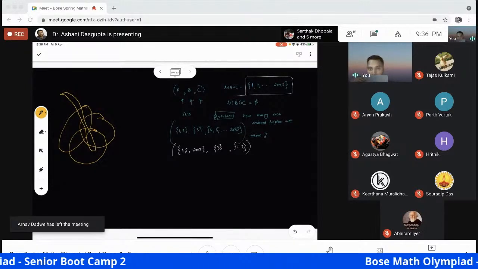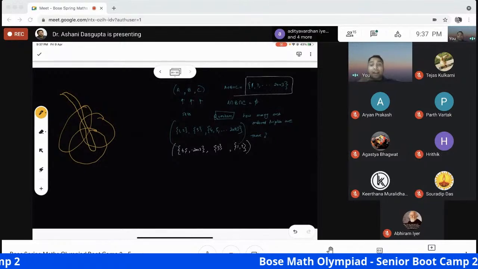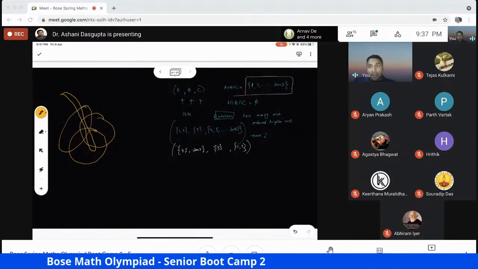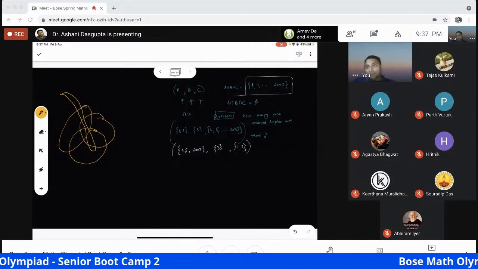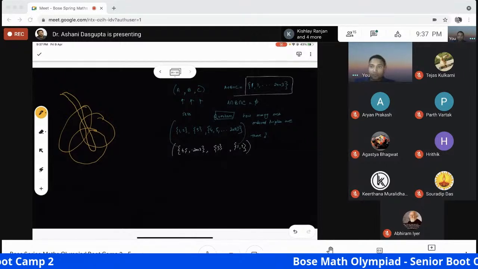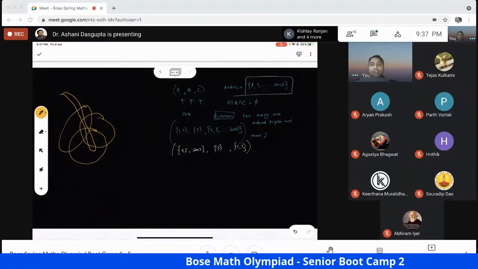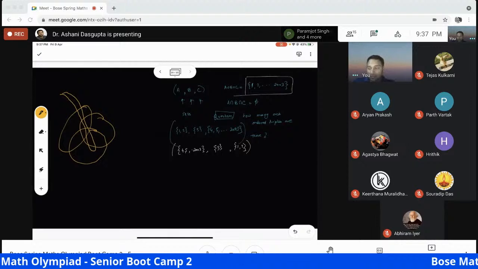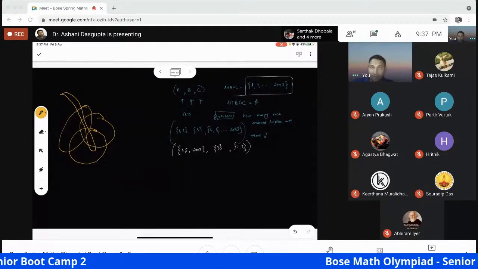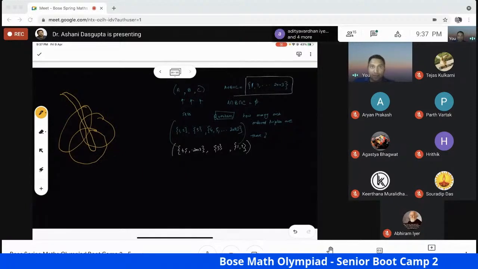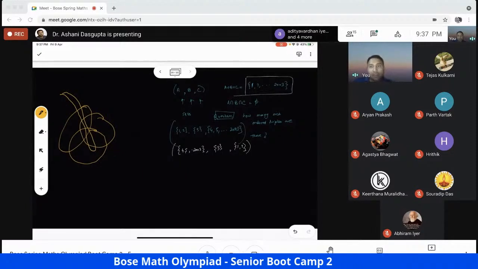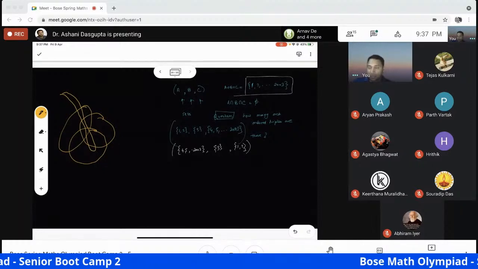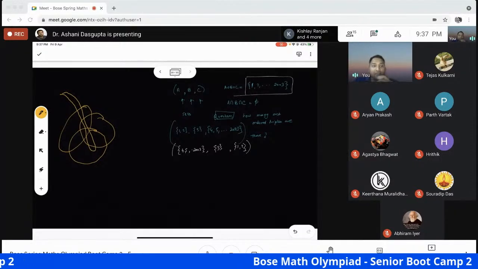So can you guys draw a Venn diagram with 4 blobs? How would that even look like? And how many regions do you think it is going to have? It's a good question, actually. You can think about that. In fact, let's think about how many regions will be there in a Venn diagram with 4 blobs.